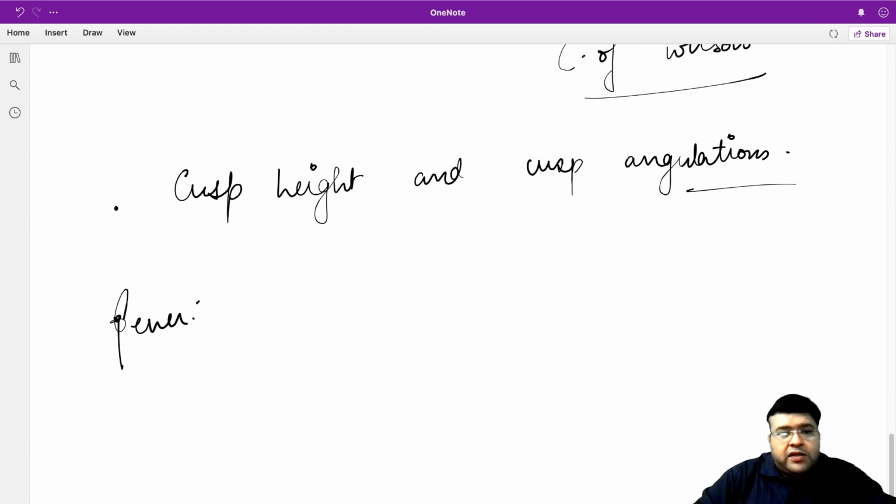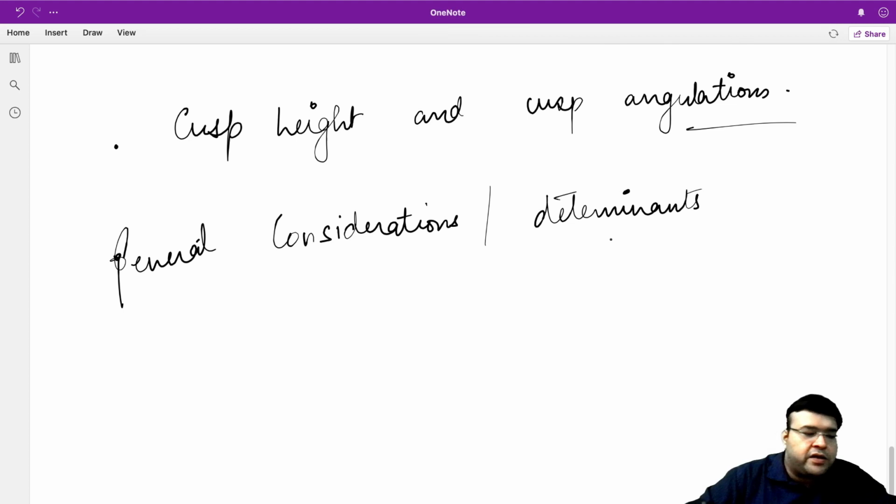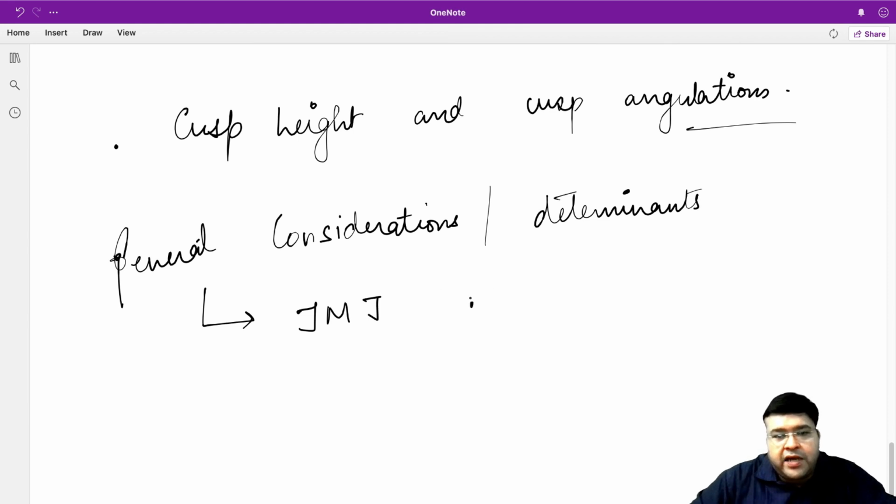Now next comes your general considerations. The general considerations or the general determinants of occlusion. So when you say general determinants of occlusion, you have to understand that we are talking about the temporomandibular joints and the muscles of mastication.